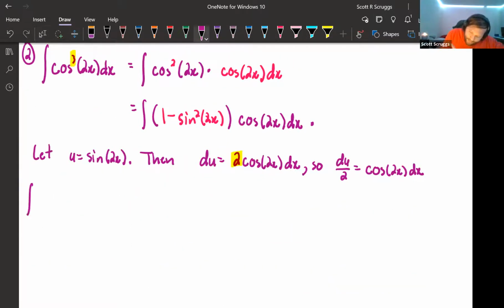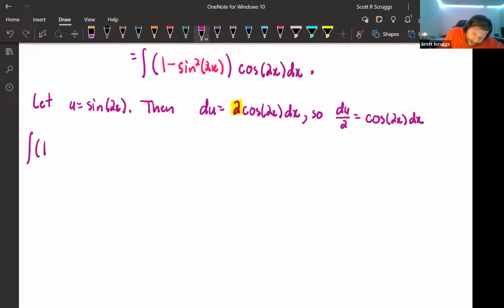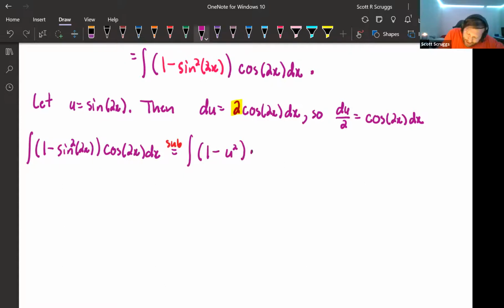Integral of 1 minus sine squared of 2x times cosine of 2x dx by u sub will equal, that needs to be a square, 1 minus u squared times du over 2.